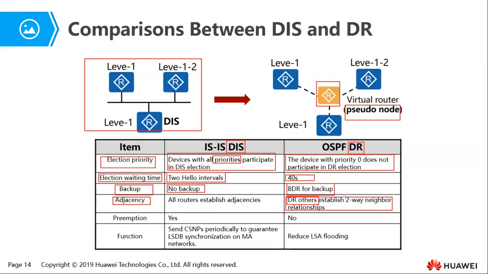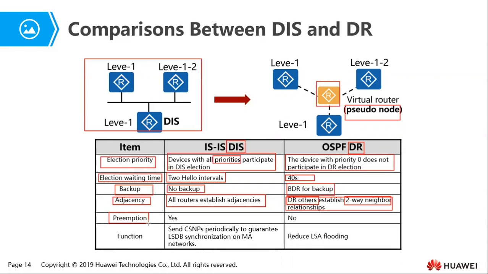Their relationship will end at the neighbor relationship in a state we call the two-way state. But in IS-IS, all the routers will establish adjacencies. Now, preemption.